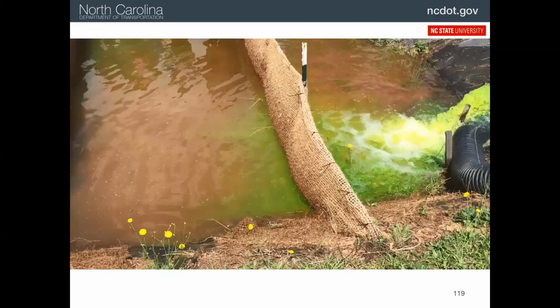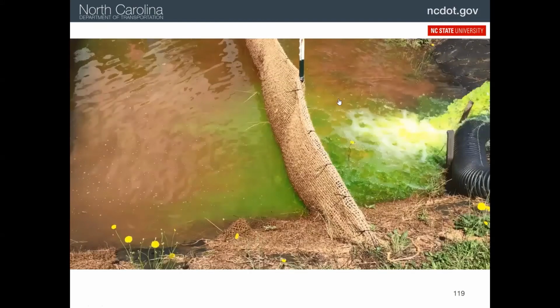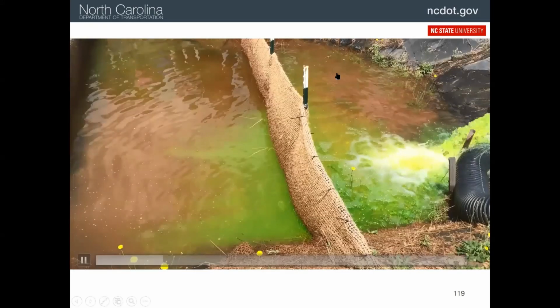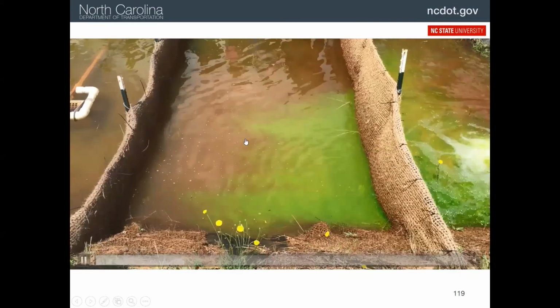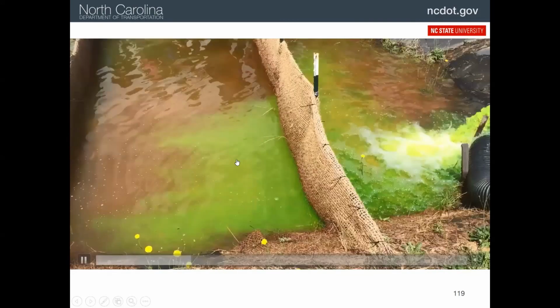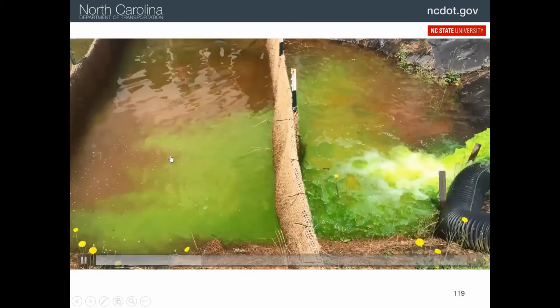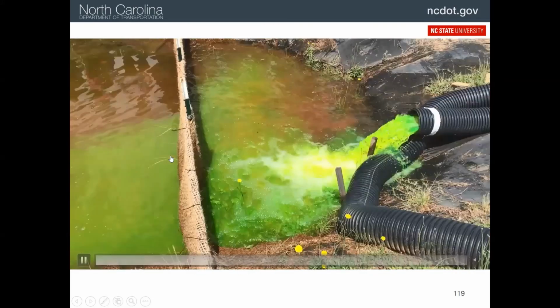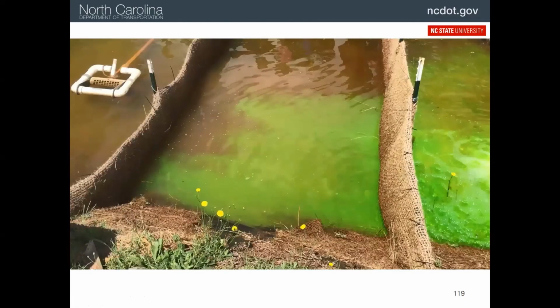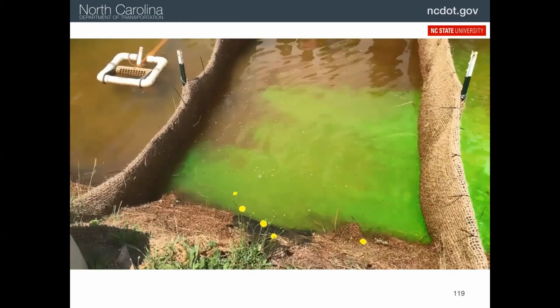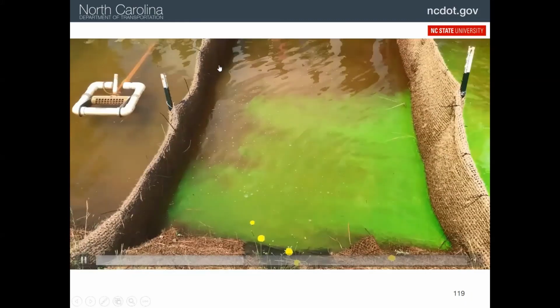And so a lot of turbulence over here, as you would expect. But over here, you notice how we now have the turbulence removed and the water is just moving sort of straight forward in these fingers. And that's great for settling. That's the key, is we're trying to take out the turbulence so that we can settle the heavier particles.